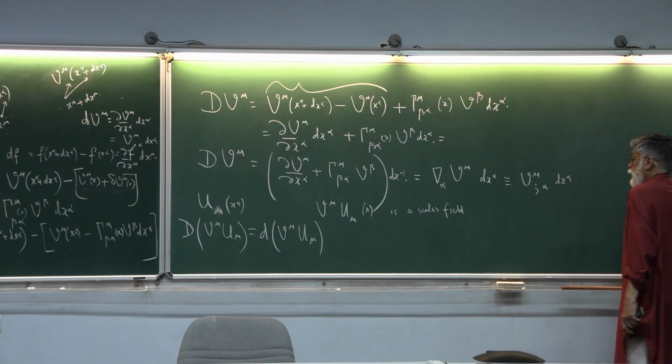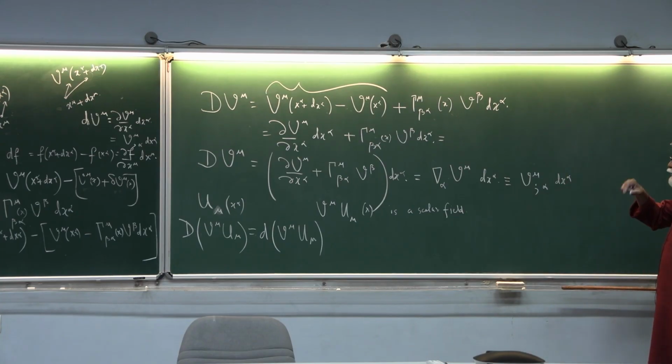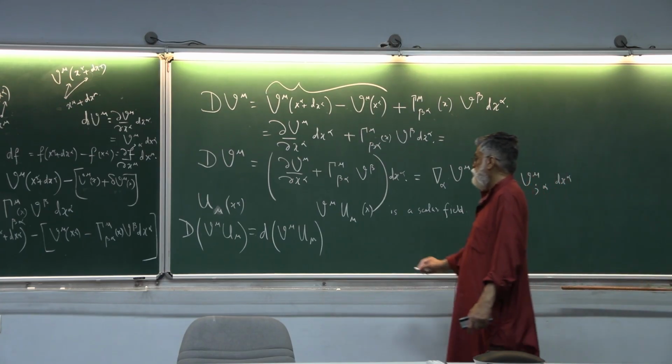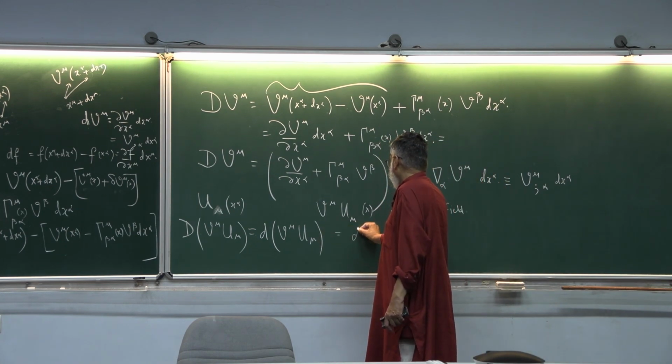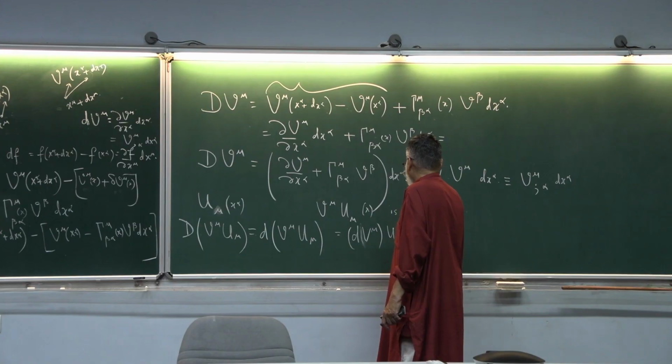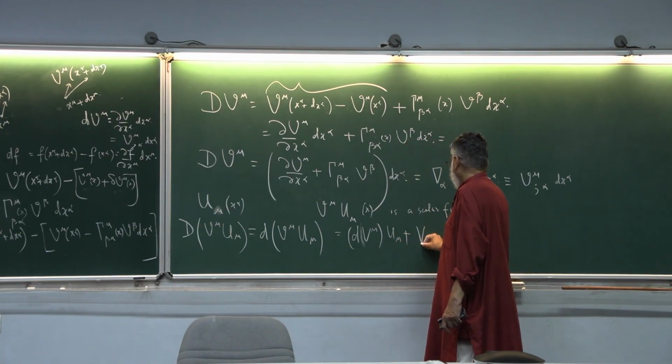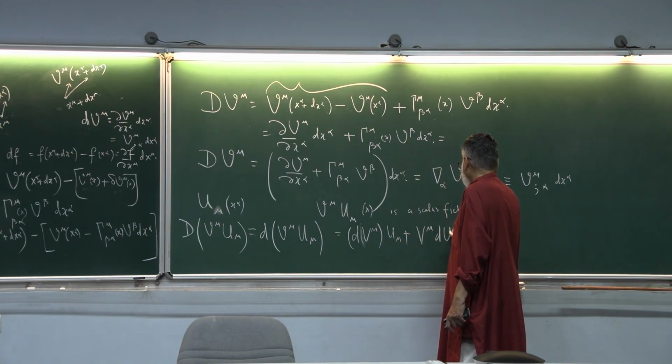All right. D of v mu u mu, because d obeys the Leibniz rule, this is same as d of v mu times u mu plus v mu d of u mu.